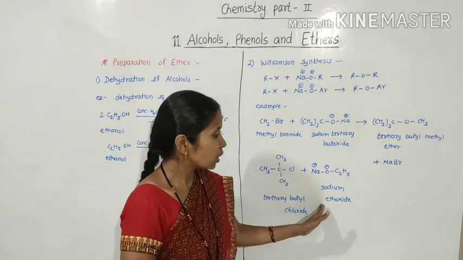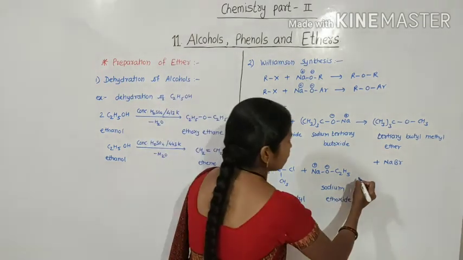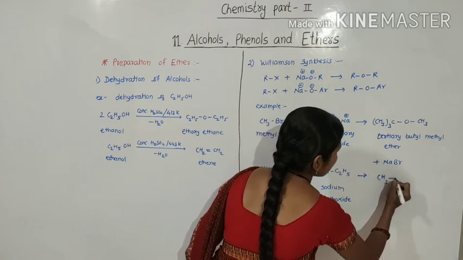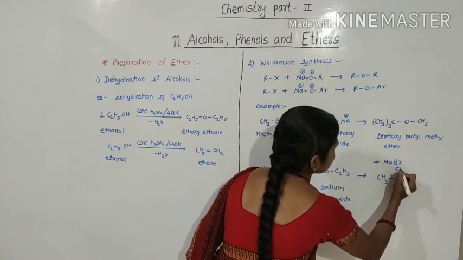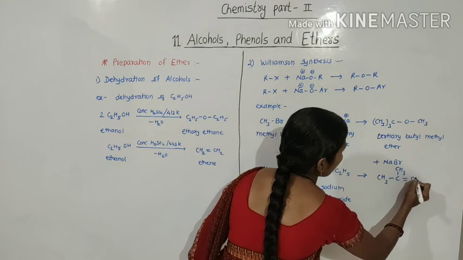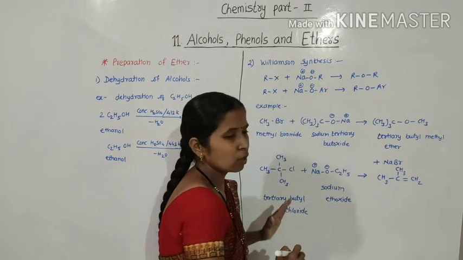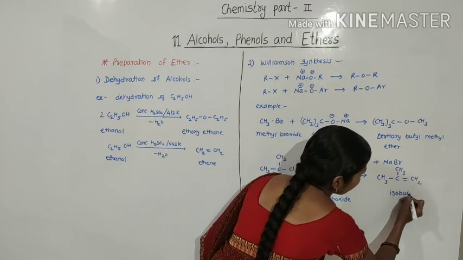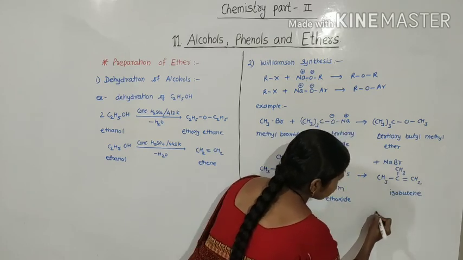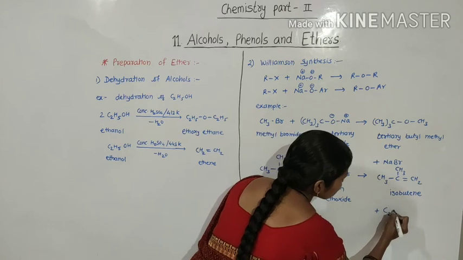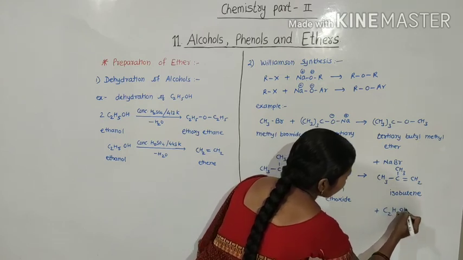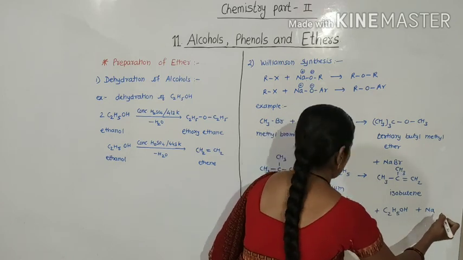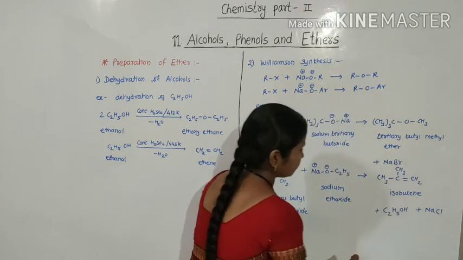So tertiary butyl chloride reacts with sodium ethoxide. The product formed is (CH3)2C=CH2, named isobutene, plus C2H5OH, ethanol, and NaCl.